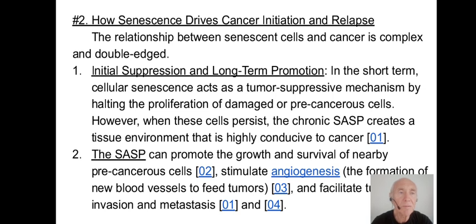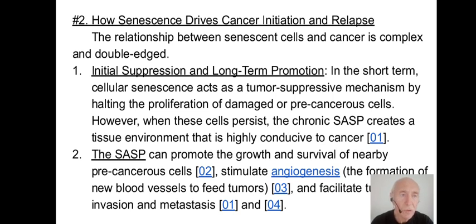However, when senescent cells persist, the chronic SASP and chronic inflammation create a tissue environment that is highly conducive to cancer. The SASP can promote the growth and survival of nearby precancerous cells, stimulate angiogenesis, or formation of new blood vessels to feed tumors, and facilitate the invasion and metastasis of cancer cells.